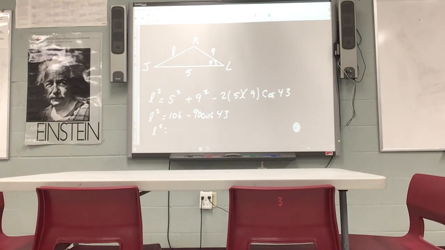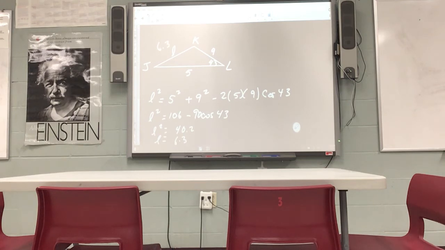That's 40.2. Okay, and then undo that squared by square rooting. What do you got? 6.3. Okay, so side L is 6.3.